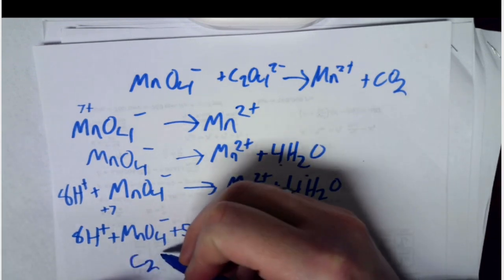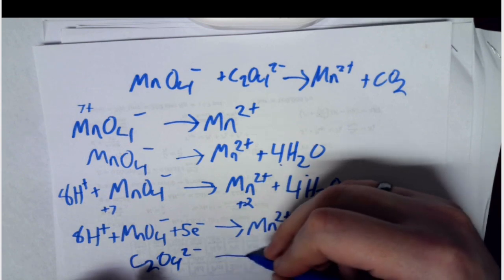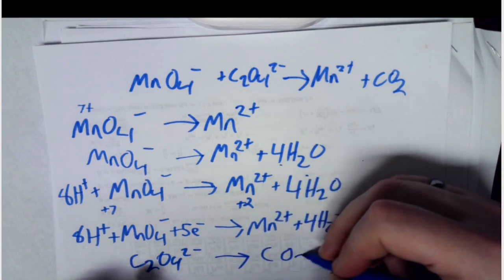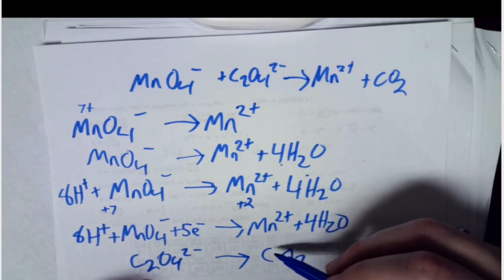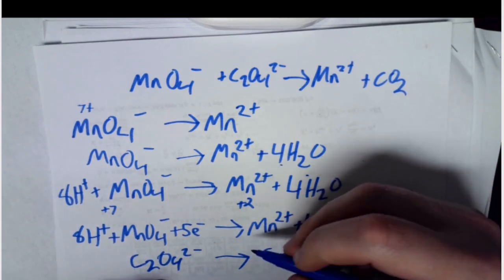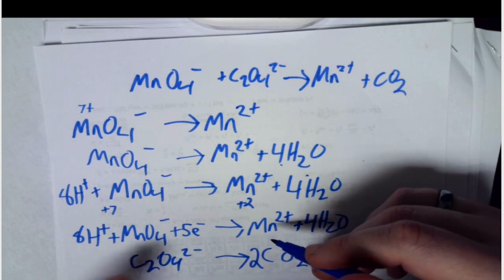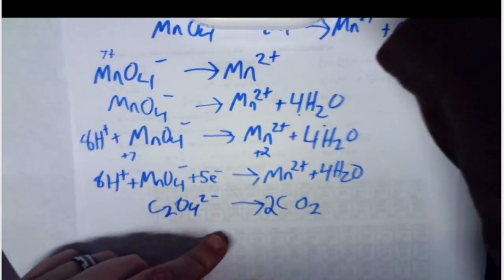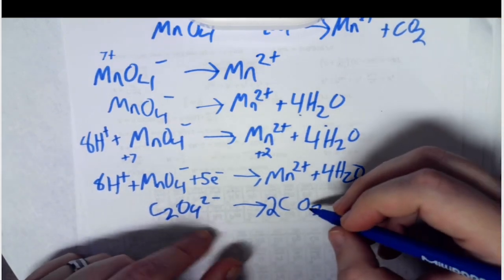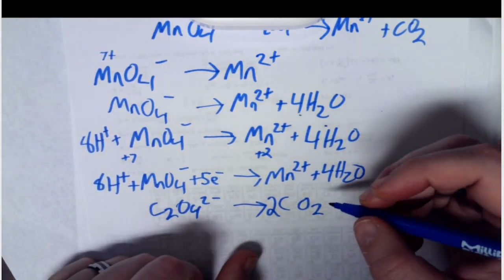So the next half reaction: C2O4 2 minus goes to CO2. Step 1, balance the non-oxygen elements. 2 carbons, 2 carbons. 4 oxygens, 2 times 2 is 4 oxygens.